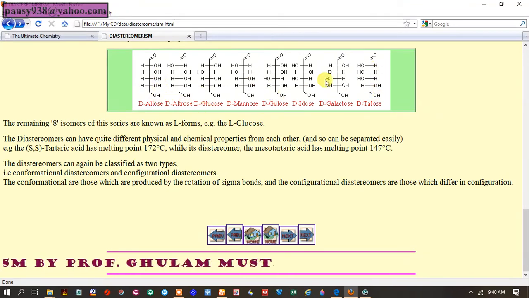Different compounds have been written here in the D series. There are also asymmetric carbons whose stereochemistry could vary, or the orientation around the asymmetric carbon is very essential to study. So the D and L convention is limited to the last asymmetric carbon.